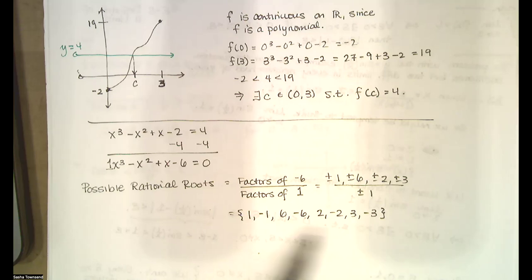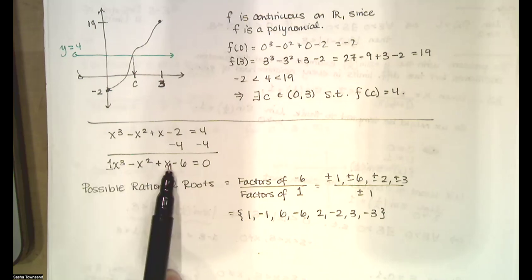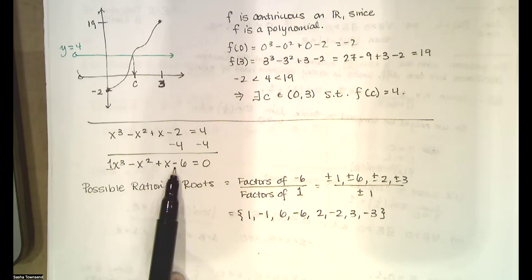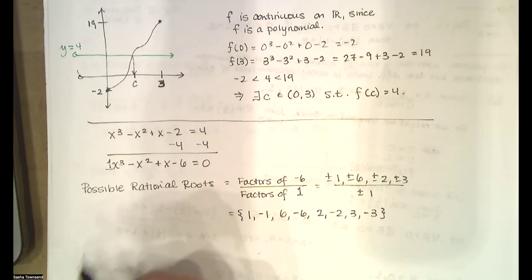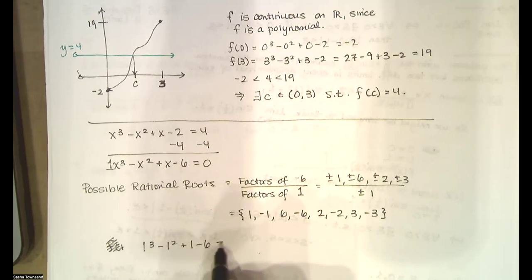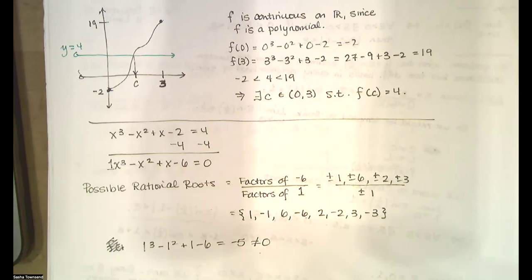You look at this list and you say, okay, what could I plug in here that might give me a 0? And if I substitute 1, I'm pretty sure I'm not going to be able to get rid of that 6. I have 1 minus 1 plus 1, minus 6. So we're going to end up with a -5. That's not a 0. So that's not a root.